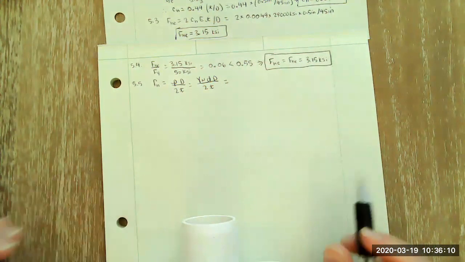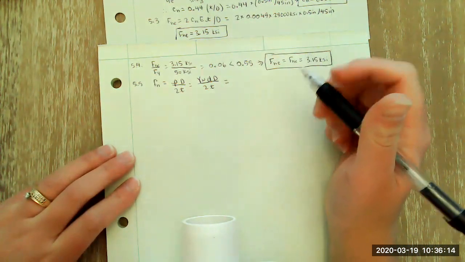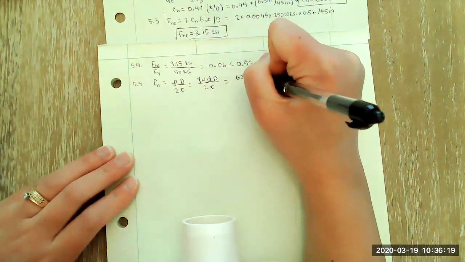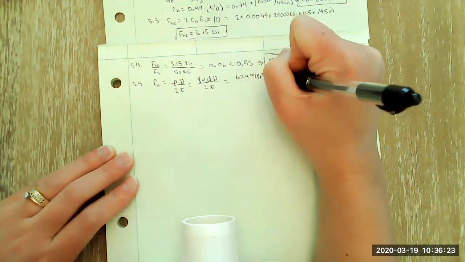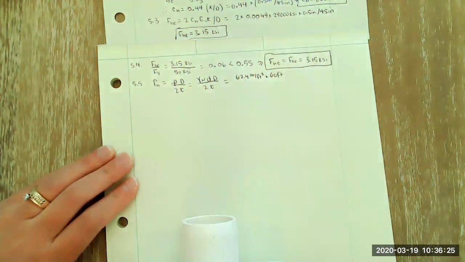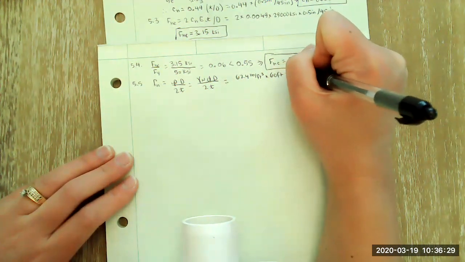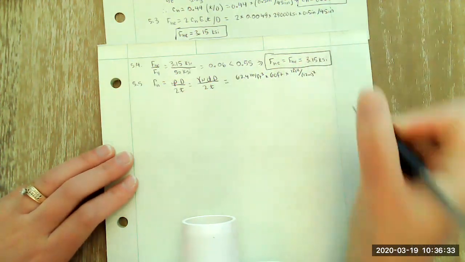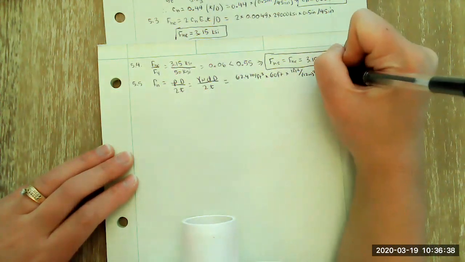For my unit weight of water, since I'm in Lake Erie, let's go ahead and use fresh water. And so we'll get 62.4 pounds per feet cubed times my depth is 60 feet. Let's do some unit conversion. So I have 1 foot squared divided by 12 inches, that quantity squared, or 144 inches squared. That gets me into pounds per inches squared.